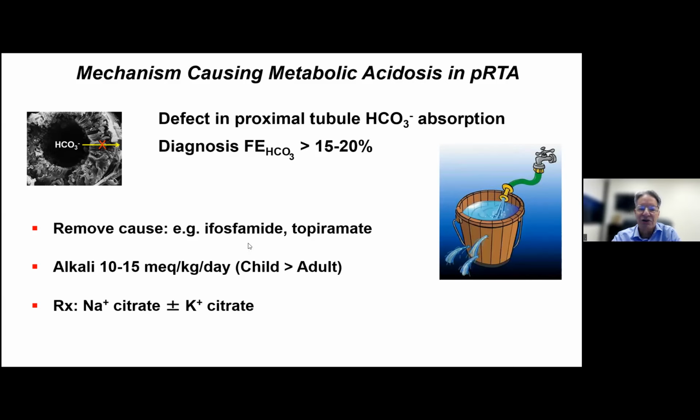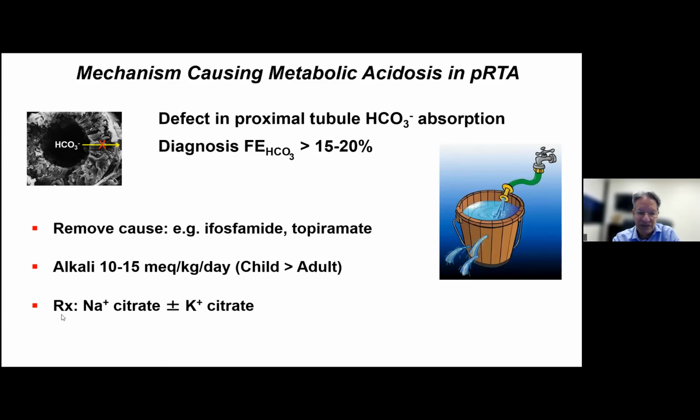You might see it also with other drugs like ifosfamide that we mentioned the other day, this chemotherapeutic drug that affects proximal tubule bicarbonate transport, or topiramate, which inhibits carbonic anhydrases. The therapy dose is higher than you might predict in child greater than adult just because they're growing, and you have this changing need for bicarbonate as they grow.